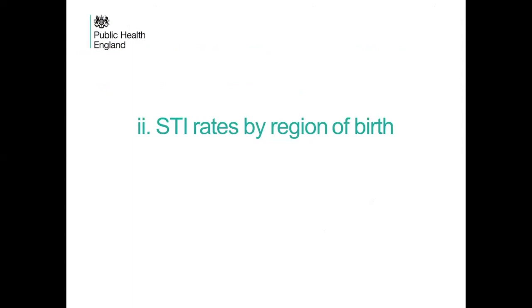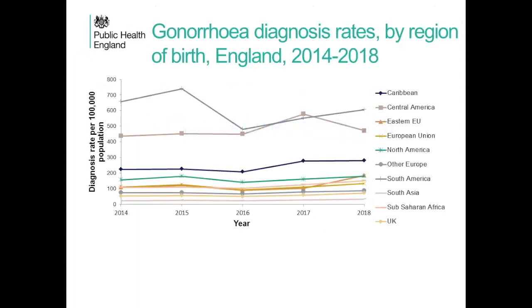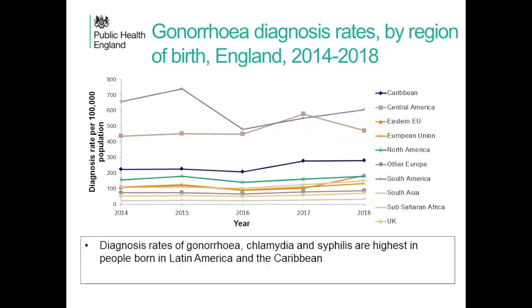Now looking at different breakdowns, instead of by ethnicity, looking at the world region of birth. Taking gonorrhea again as an example, gonorrhea diagnosis rate over the last 5 years, we can see that people from Latin America, which includes Central and South America, and the Caribbean, have the highest diagnosis rate for gonorrhea, but actually that's also reflected for chlamydia and syphilis diagnosis rates.